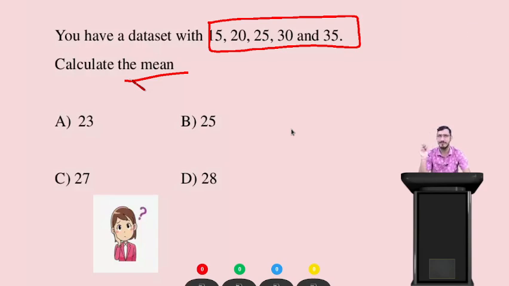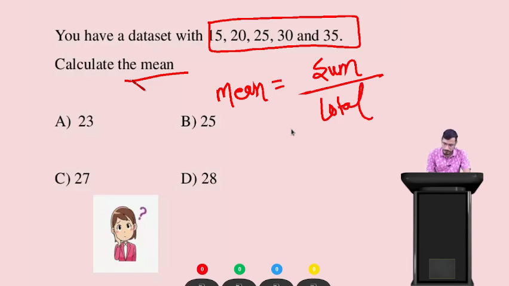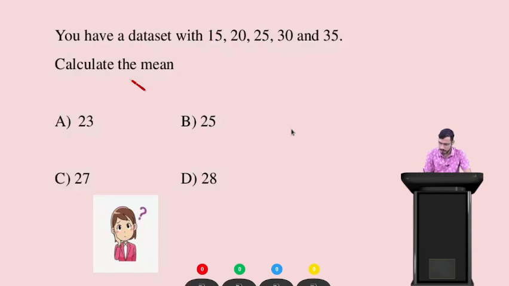Okay students, time's up. So the right answer is, the formula of general mean, that is sum of total observations upon total number of observations. Add all the observations: 15 plus 20 plus 25 plus 30 plus 35.